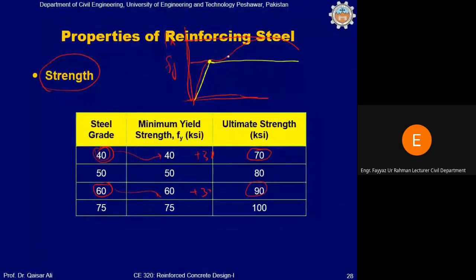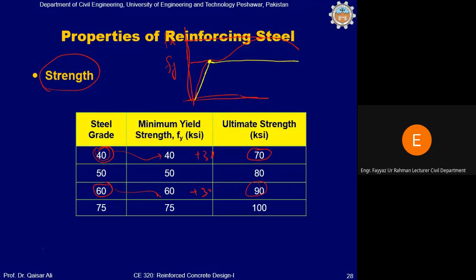You know that this is the strain hardening region, and the ultimate strength will be greater than the yield strength. But for design purposes, we idealize this true stress strain curve into a bilinear or elastoplastic curve.